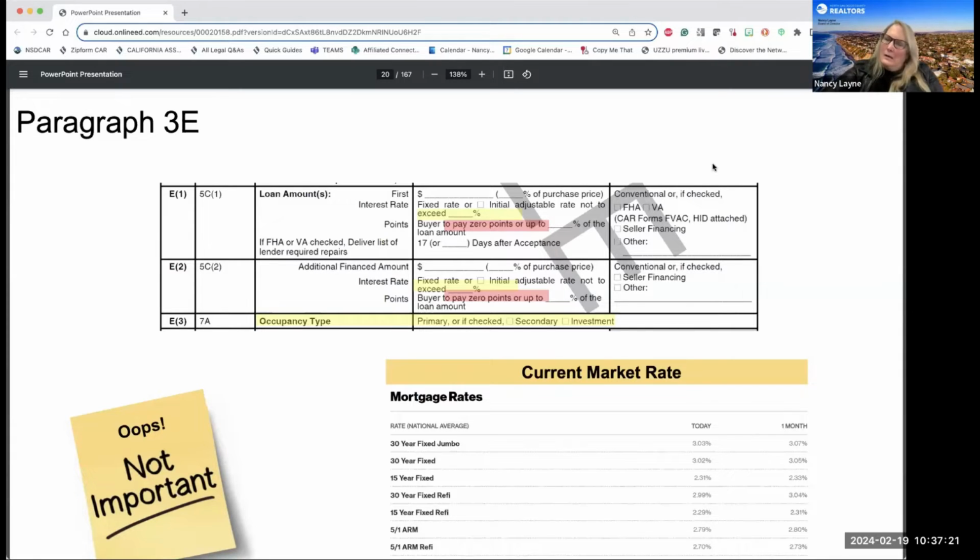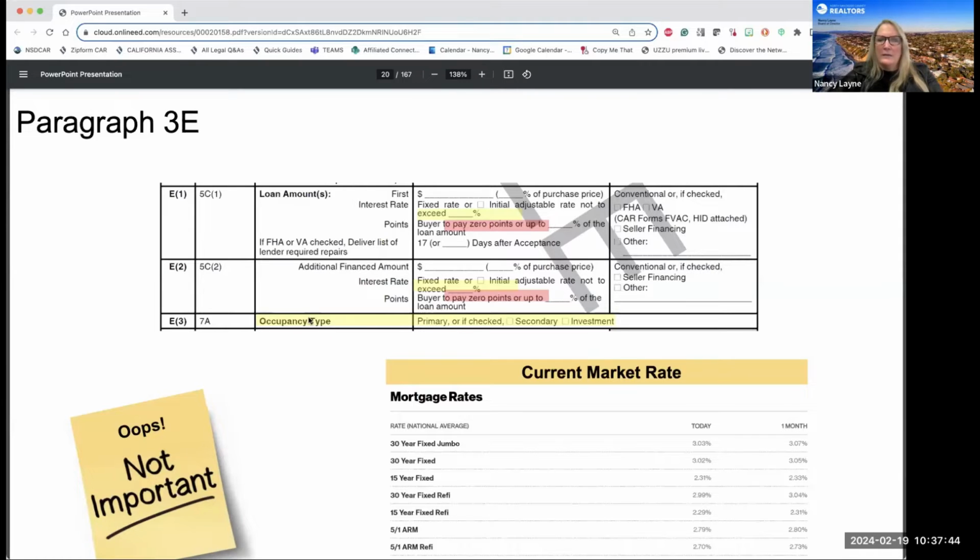Again, he can say no, but his deposit could be at risk. If this section is not filled out, you could be putting your buyer's deposit at risk if they cancel based on the loan. This is a very often missed section that needs to be clarified.